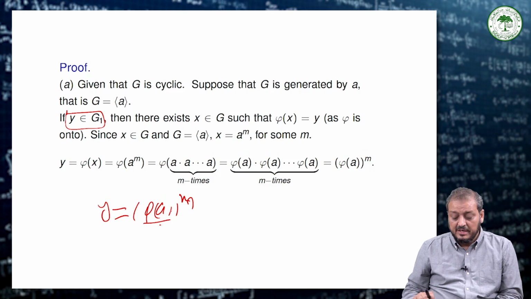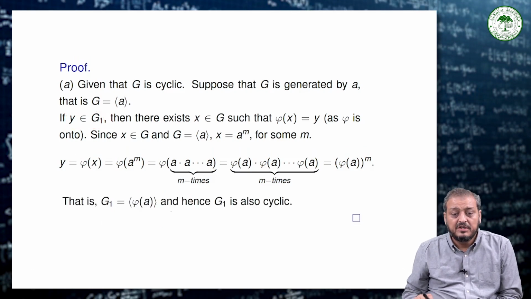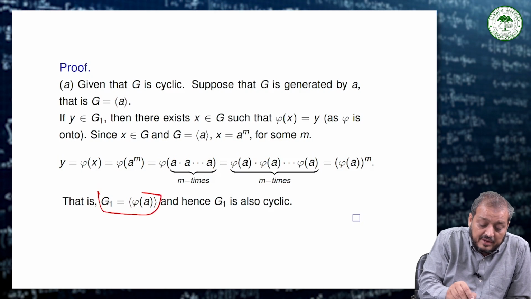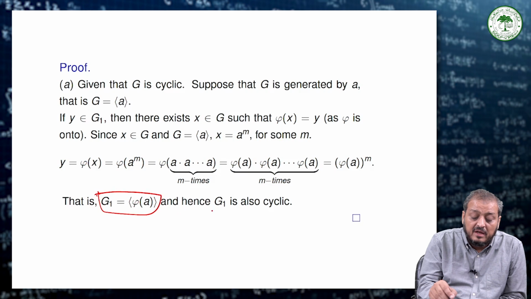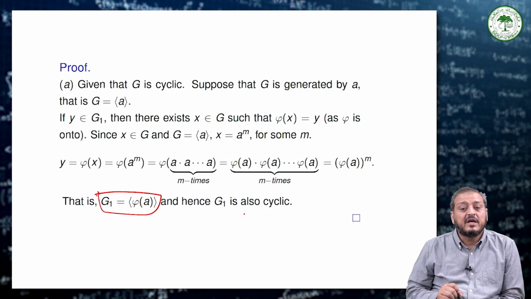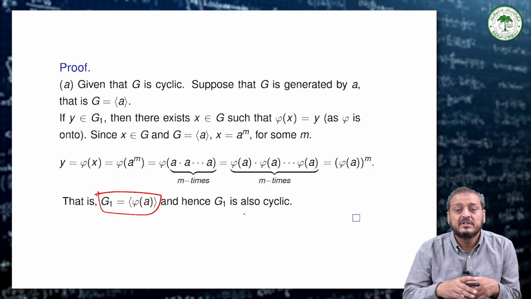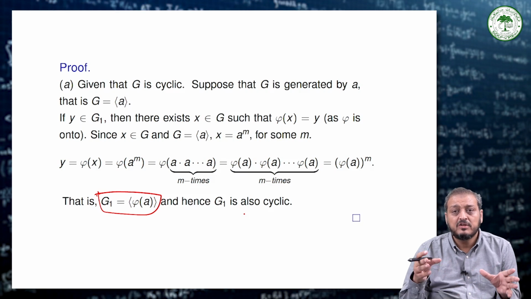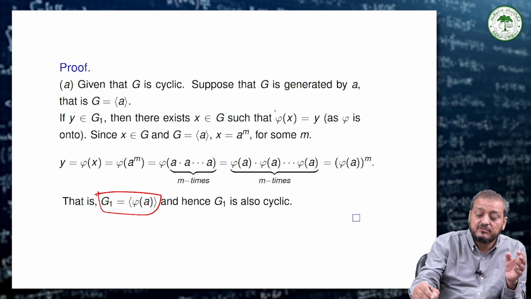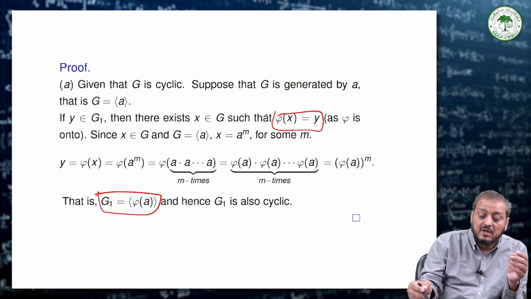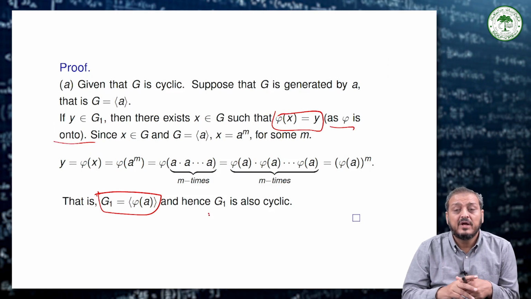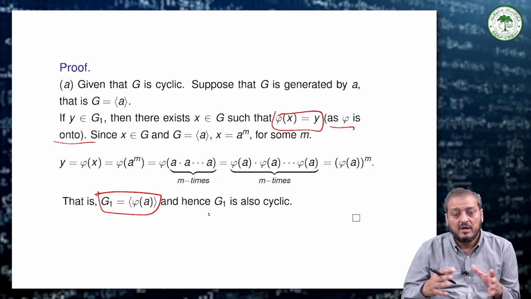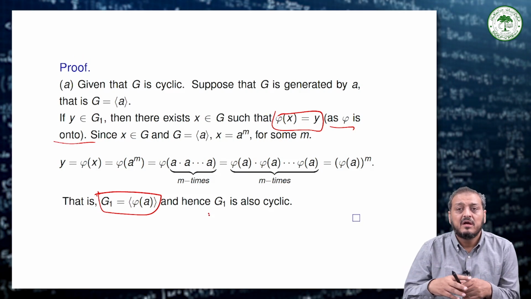So, clearly G1 can be generated by phi of a, and hence G1 is also cyclic. We proved this easily: for any element, by the onto-ness of phi, G1 can be generated by phi of a.